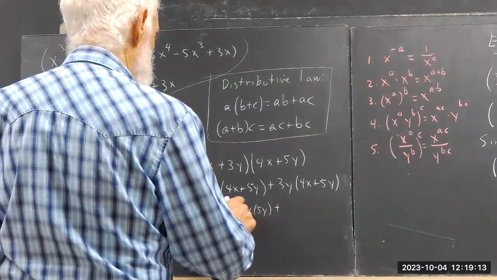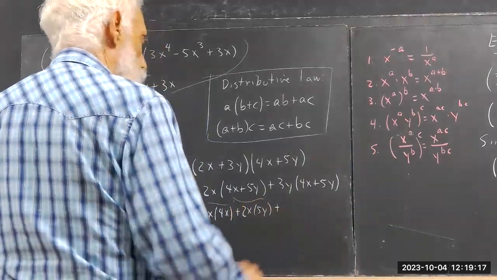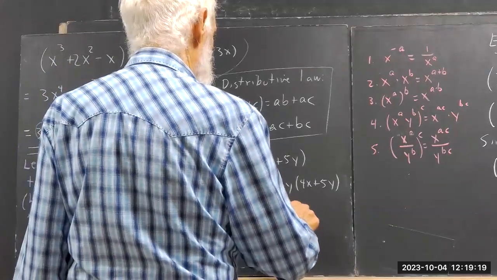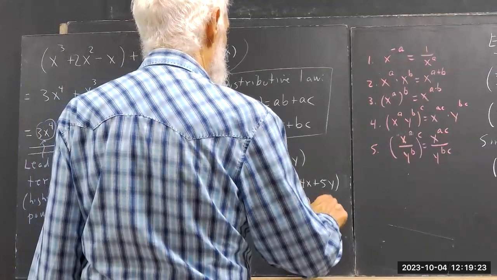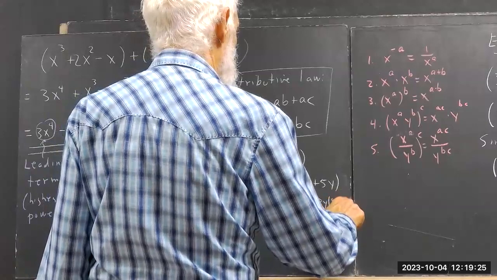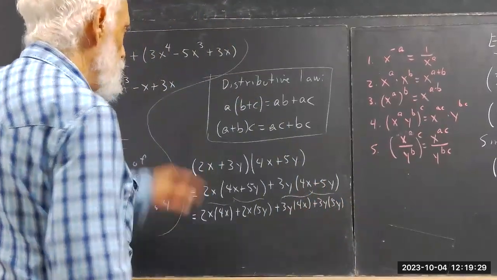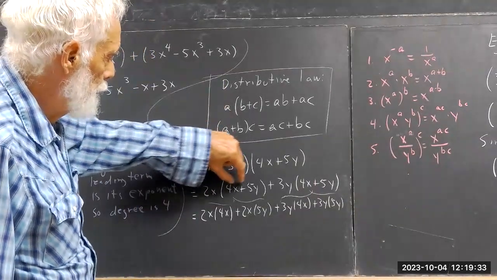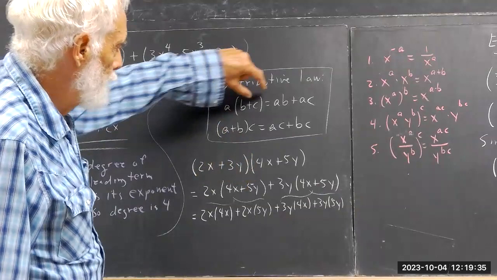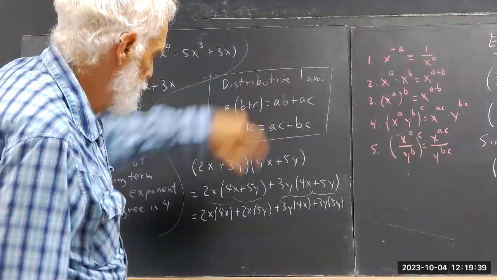And that's what we get here. Over here, we're going to get 3y times 4x plus 3y times 5y. Again, applying this law. This is your A, and here's your B plus C. And that's A times B plus A times C, as we say here.